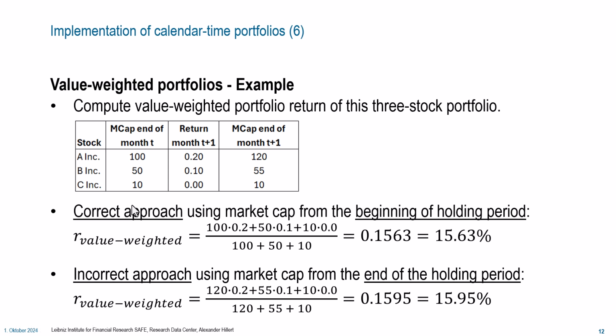In total that's 160, so we would give 100 over 160 exposure to stock A, 50 over 160 exposure to stock B, and 10 over 160 exposure to stock C. And those would be the weights, and we would earn the return based on these weights.